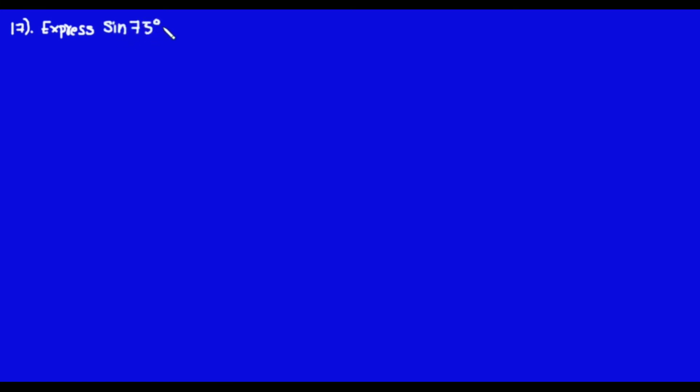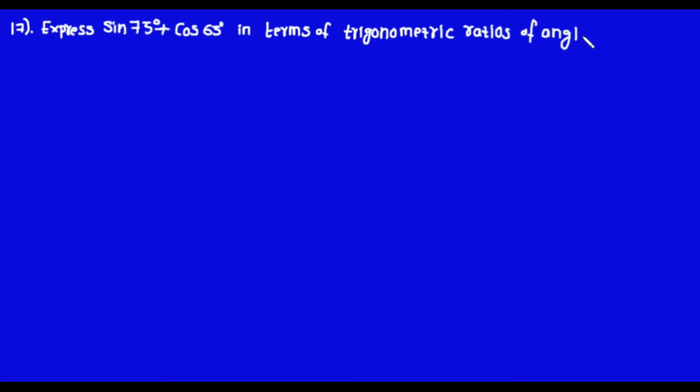Problem number 17. Express sin 75 degrees plus cos 65 degrees in terms of trigonometric ratios of angles which lie between 0 degrees and 45 degrees. Solution.